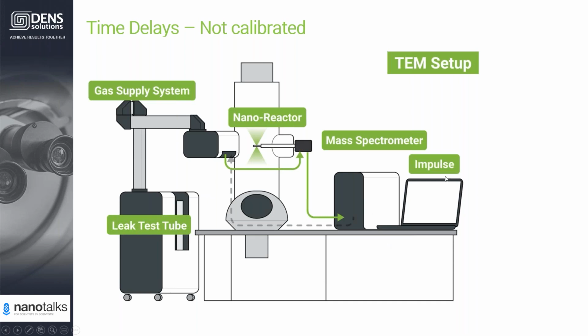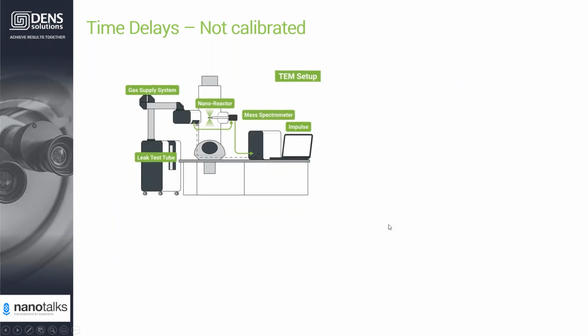Practically, when the software is recording the composition parameters from the gas supply system, the temperature and heating power from the nanoreactor, and, as a TEM researcher, you also record the TEM image and spectroscopy, it is all at this position. But the mass spectrometer data acquired at this moment happened some time ago, because it takes time to travel from here to here. And what does it show in the data?